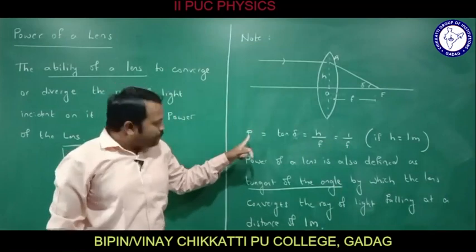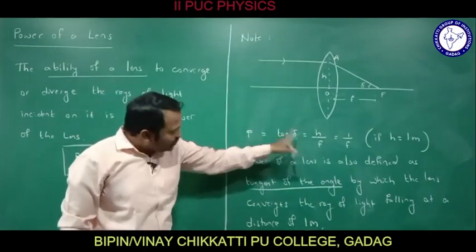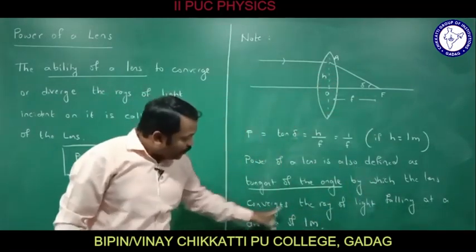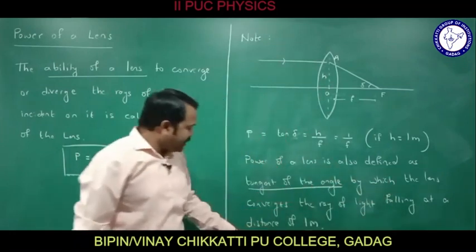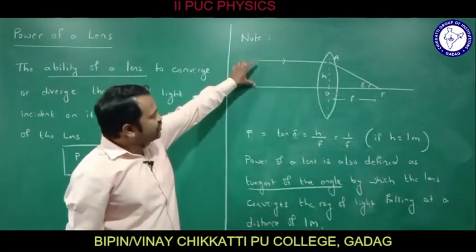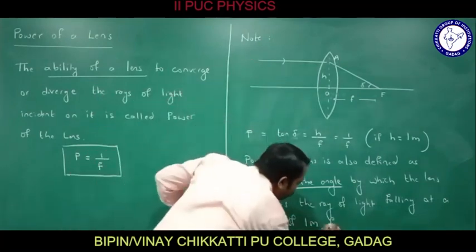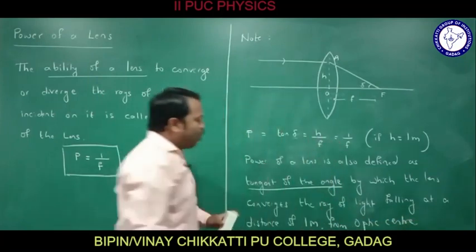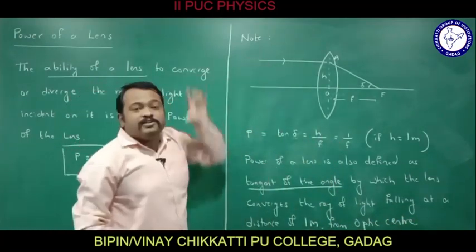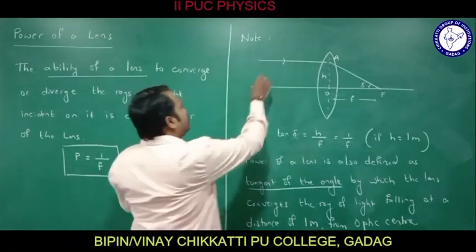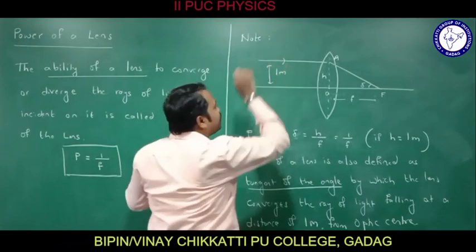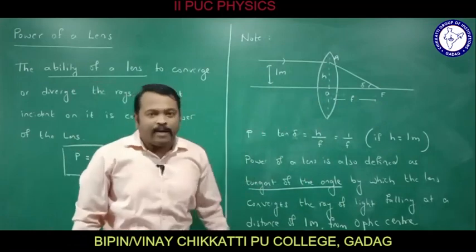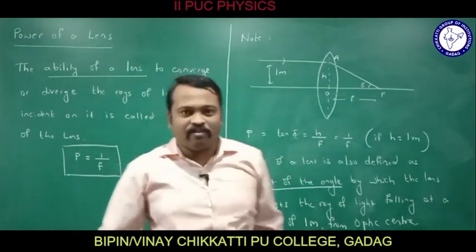So power of a lens is also defined as the tangent of the angle by which the lens converges the ray of light falling at a distance of 1 meter from the optic center. Do remember, if this distance is 1 meter, then the tan of the angle formed gives the power. So this is another definition of the power of a lens.